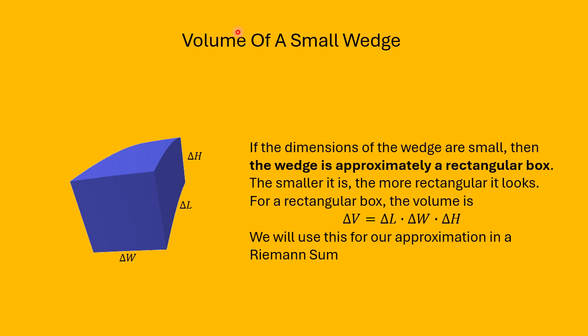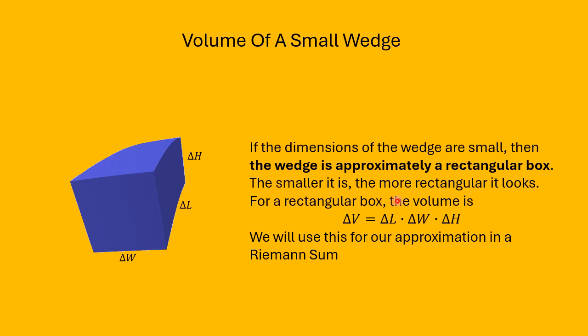Let's consider the volume of a small wedge defined in spherical coordinates, where the sides, for instance, are of constant theta, constant rho, or constant phi. If the dimensions of the wedge are small, then the wedge is approximately a rectangular box, straight edges meeting at right angles. The smaller it is, the more rectangular it looks. And in this case, we can use the following approximation.